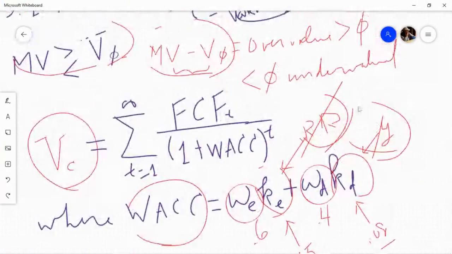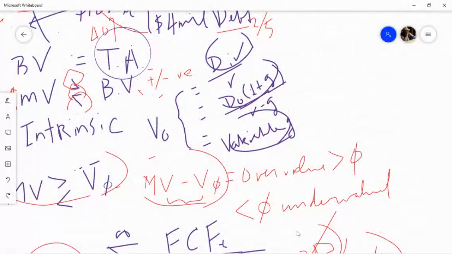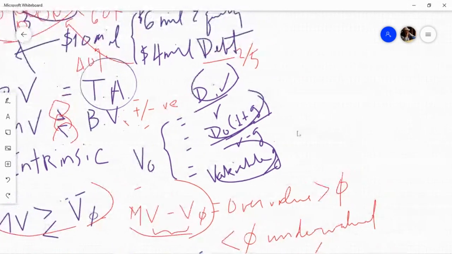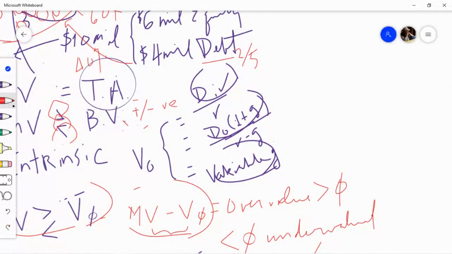Isn't it exactly the Gordon growth model? In the Gordon growth model, you're discounting the dividend at time t plus 1 by R minus g. That's the Gordon growth model, isn't that right?